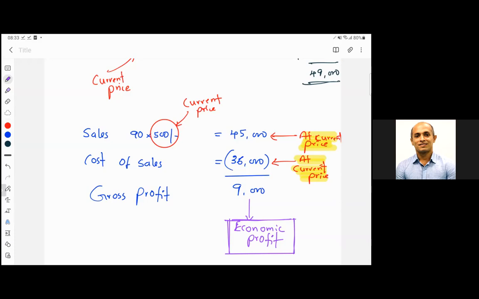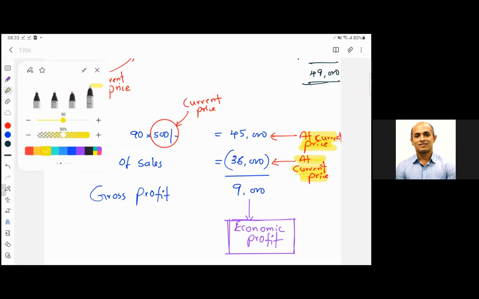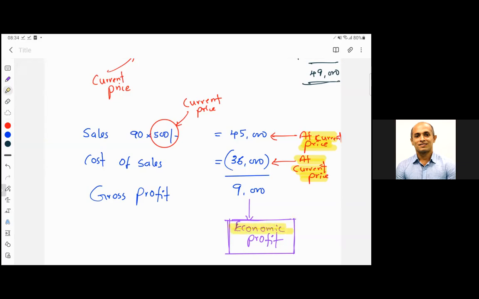So LIFO profit is more suitable for the analysis, because it reflects the company's economic profit.